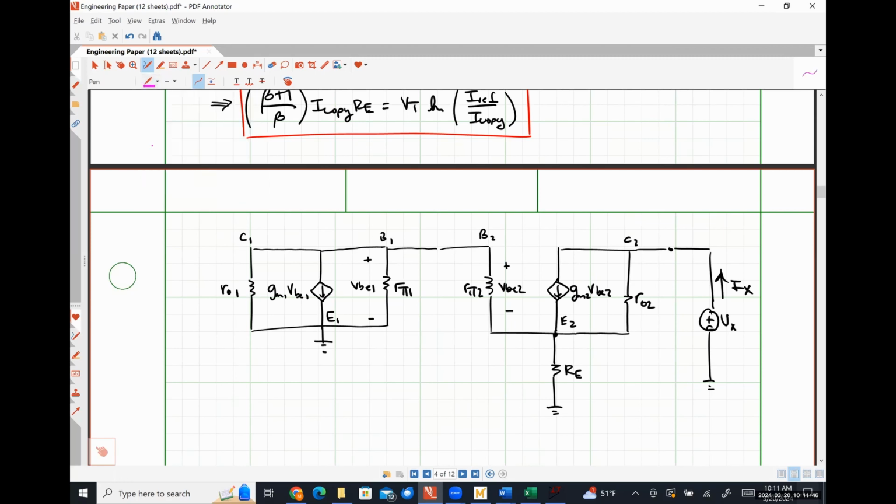Okay, so I'm going to put a dashed line here. What does everything to the left of this dashed line look like? A resistor. What resistance?